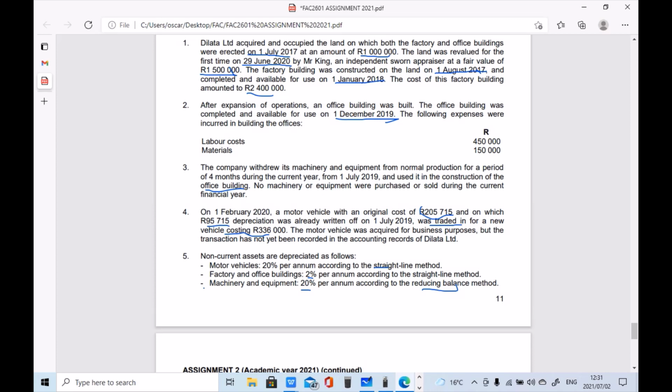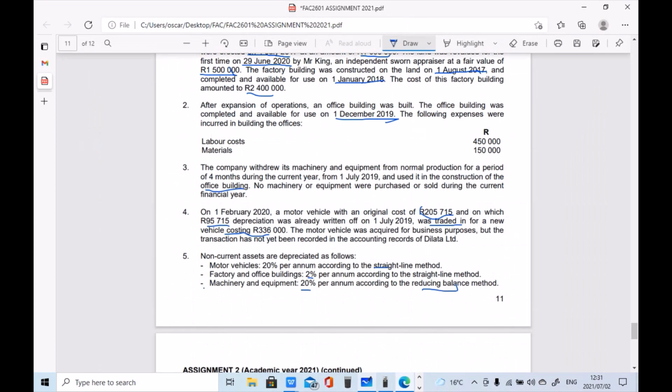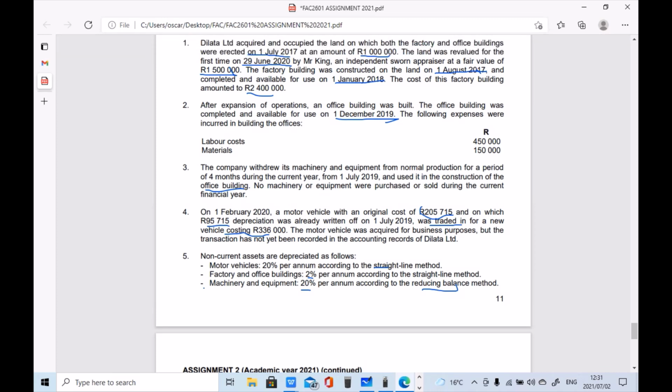So we count the months from the beginning of the year, which is starting on 1 July 2019 up to 1 February 2020. So that should be July, August, September, October, November, December, January. So that's 7 months.